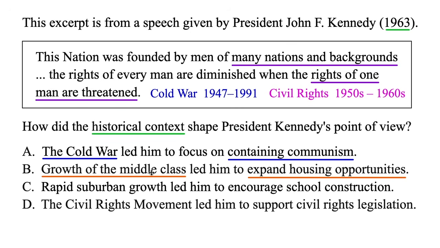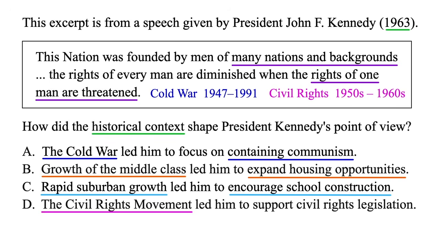Now again, this very well could have been going on as well, but he doesn't talk about the middle class or housing. Probably not that either. So let's keep looking. C. Rapid suburban growth led him to encourage school construction. That's possible as well, but it doesn't really sound like civil rights either, though.